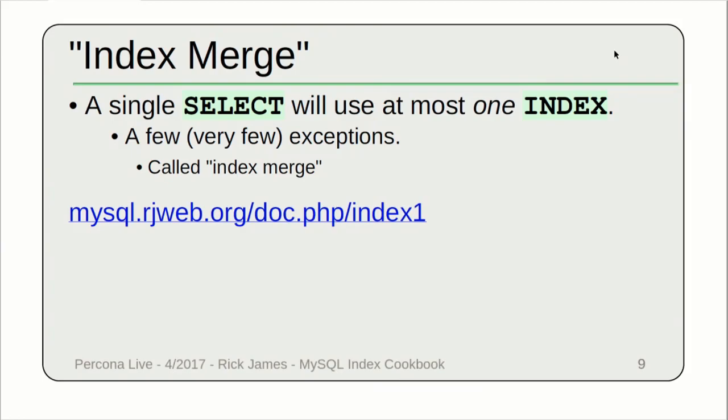A select, except for rare cases, will only use one index. There's a link. There'll be many links. Again, you'll need the slides to get to the links. Index merge sometimes happens. That particular case gives you an example of an index merge and says why it's not as good as using a composite index.